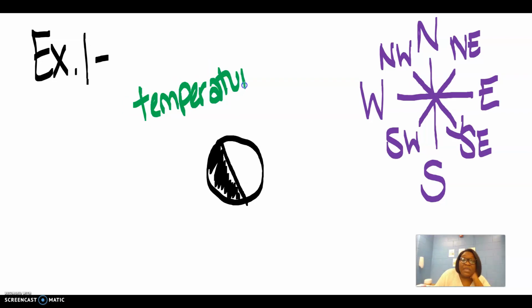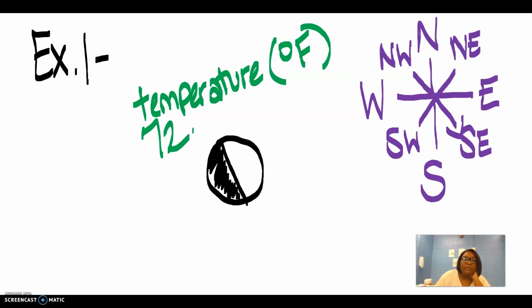We need to know that the temperature is written in the upper left-hand corner, and it's written in degrees Fahrenheit. So we would see a number here, 72, okay? And it's talking about the temperature.